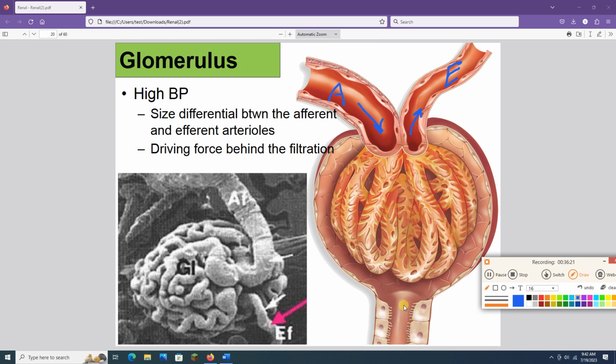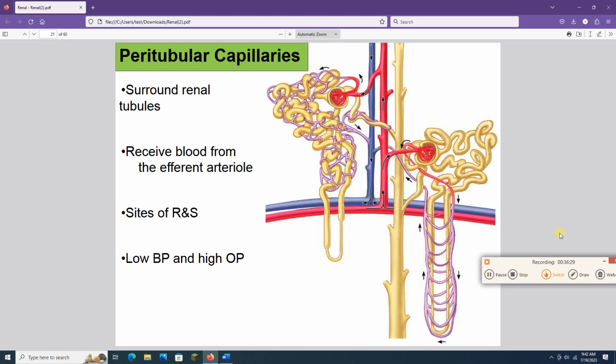All right. So there's our glomerulus. If we were to move onward from the glomerulus to our next set of capillaries, we go into the glomerulus by the afferent arteriole. We come out with the efferent arteriole. We end up in these capillaries around the tubules, so they're called peritubular capillaries.